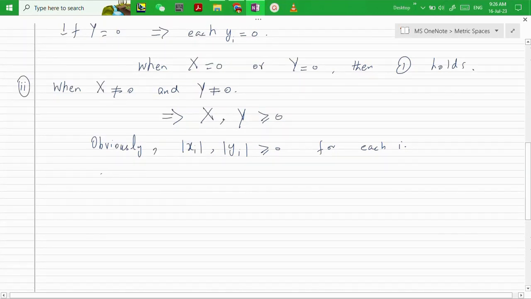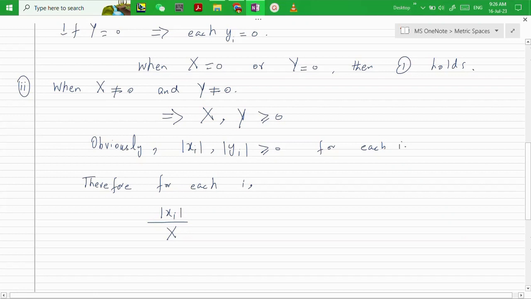So therefore, for each i, xi mod over capital X, I think you write in this way.